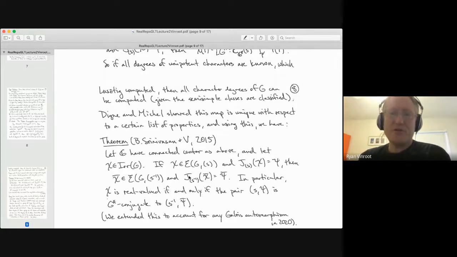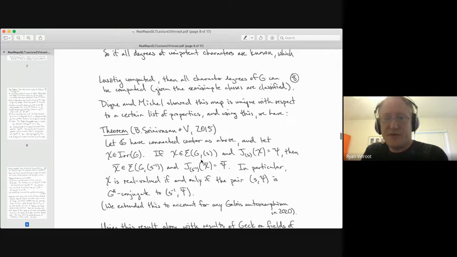But what's harder to show is that this chi bar is always mapped to the complex conjugate of psi. So this feature of the Jordan decomposition map had not been known up to 2015. So here's an example of some structure that was not known before this.